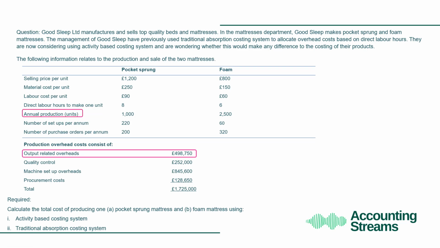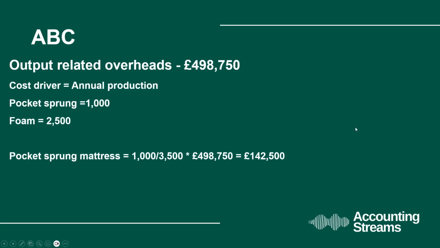Once you've identified the cost driver, you can then work out how much to allocate to pocket sprung mattresses and how much to allocate to foam mattresses, okay, in total. So how do we do this? For pocket sprung mattresses, the amount to allocate would then be 1,000 divided by the total mattresses to be made in the year, which is 3,500, and then multiply that amount by 498,750. Okay, so that will give us 142,500.